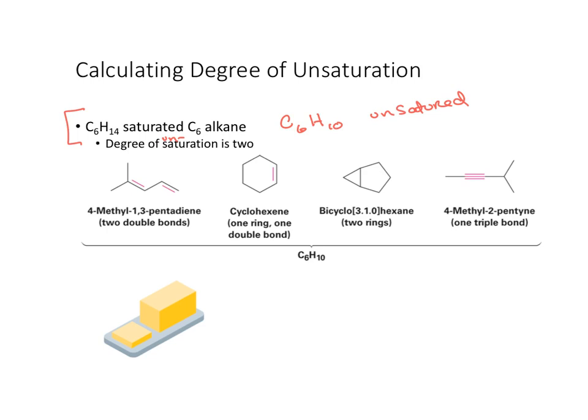And here are the possibilities for the formula C6H10. It could have 2 double bonds, it could have 1 triple bond because each pi bond is worth 1 degree of unsaturation. It could have 2 rings because 1 degree of unsaturation is either a pi bond or a ring, or it could have a ring and a double bond.